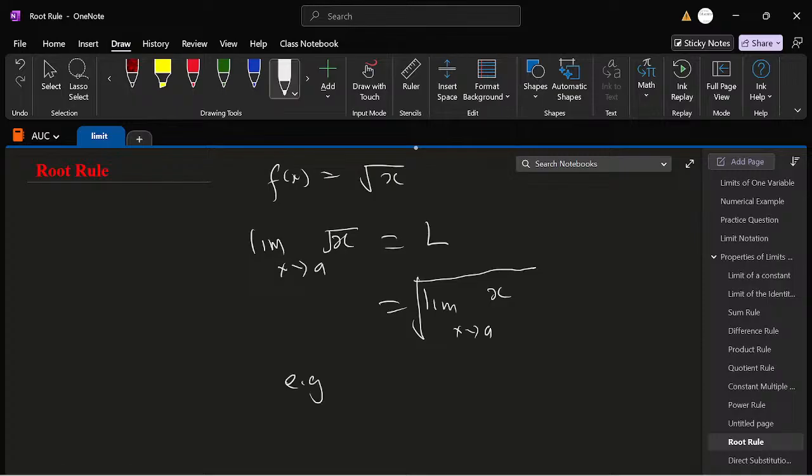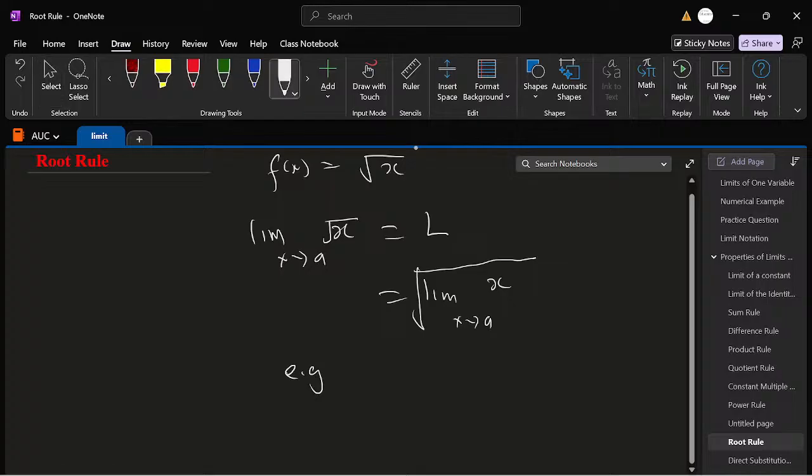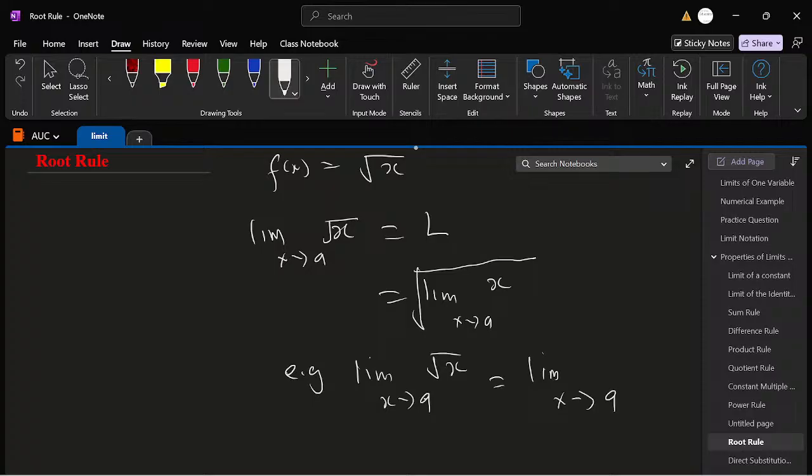An example will be the limit as x approaches, let's say, 9 of root x. So applying this property, it will be the limit as x approaches 9 of x, then everything will be under this radical.